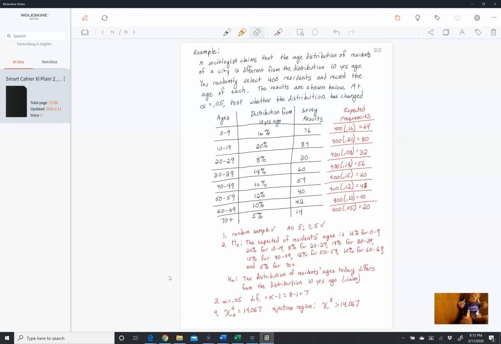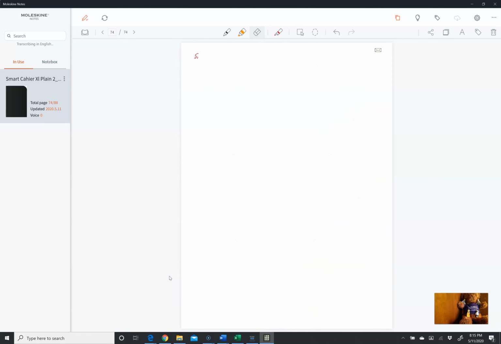So now comes our favorite part. We get to calculate chi-square. So remember, chi-square is equal to the sum of that last column, where we take the observed frequency minus the expected frequency squared, and we divide by the expected. So we have our categories.